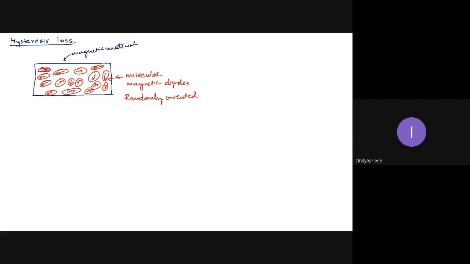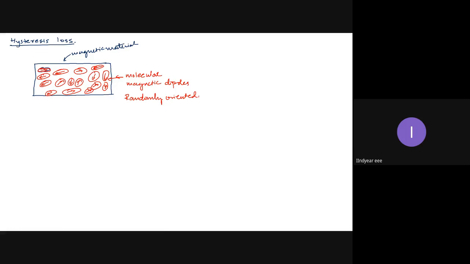Now, each molecular magnet is randomly oriented. What is the net orientation of the material? The resultant orientation of the dipoles is 0, right? So when a magnetic material is not oriented, can I call it a magnet?